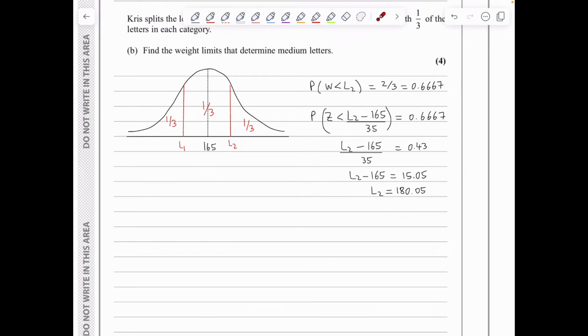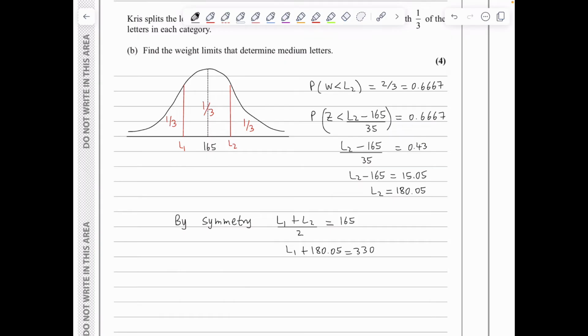because the midpoint of L1 and L2 should be the 165. So I will simply say that by symmetry, we've got that (L1 plus L2) over 2 is equal to 165, which leads to L1 plus the 180.05 is 330.